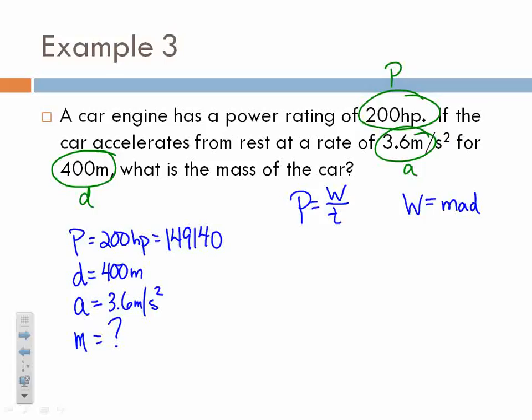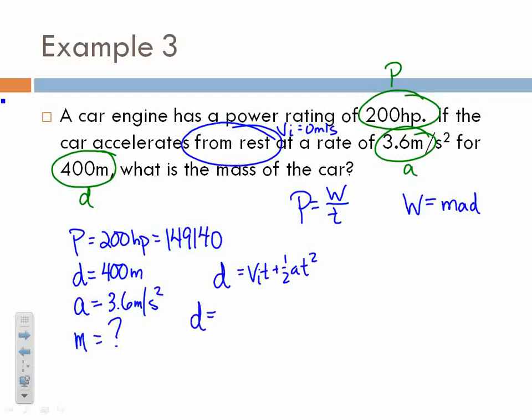So we'll start with what we know. We have an acceleration. We have a distance. We also know that it accelerates from rest, so our initial velocity is 0 meters per second. We'll use this equation: delta x equals v initial t plus 1/2 a t squared. Remember, this is displacement, but we can also think of this as distance in these problems.